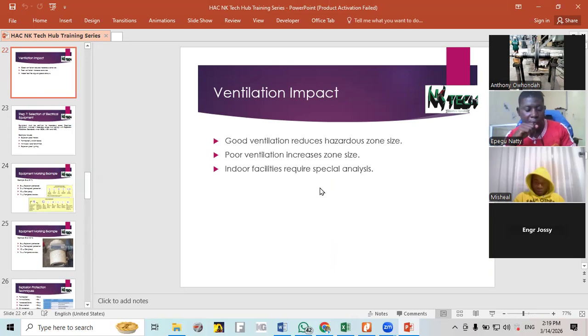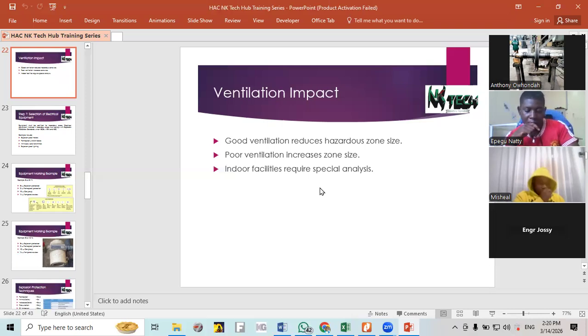Inside the tank itself, normally you don't even have oxygen. One of the things you do is to completely expel the oxygen from inside the tank. Of course, you have vapor. So the chances of having an explosion or a flame inside the tank itself is reduced.